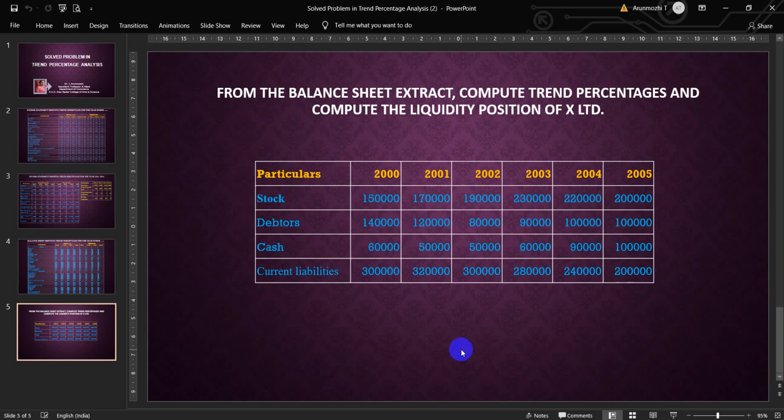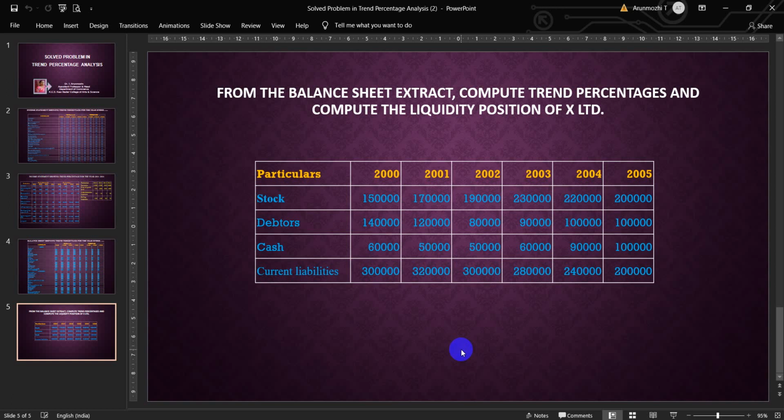For the next year, 2,30,000 into 126 divided by 1,90,000, you get 153. Next, 2,20,000 into 153 divided by 2,30,000, you get 146. Next, 2 lakh into 146 divided by 2,20,000 is equal to 133.